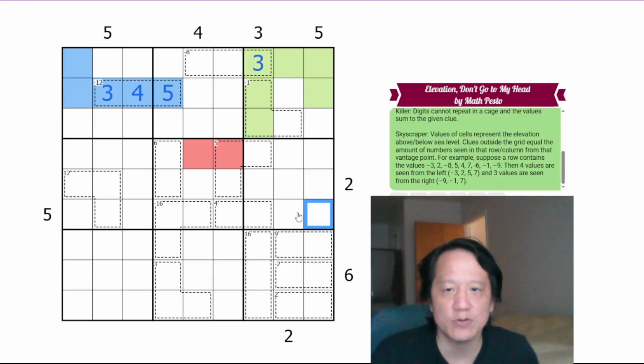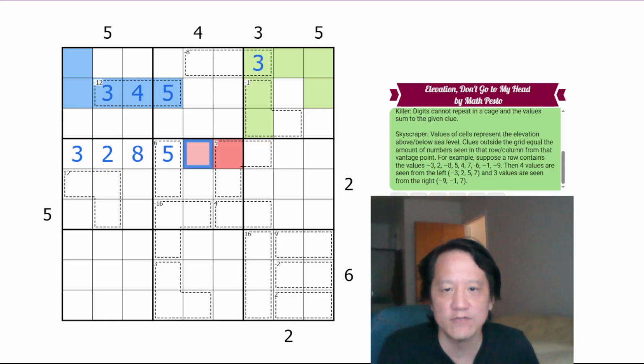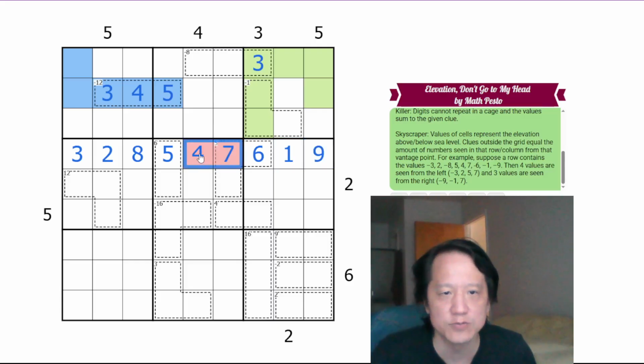For example, suppose a row contains these values: 3, negative 3, 2, negative 8, 5, 4, 7, negative 6, negative 1, negative 9.